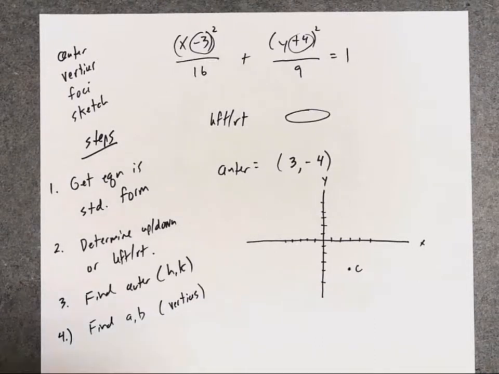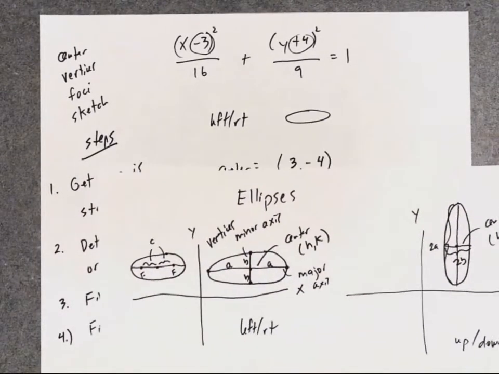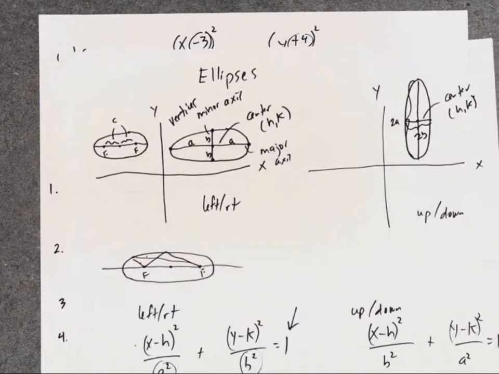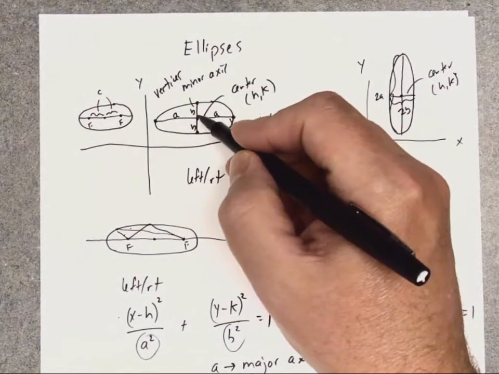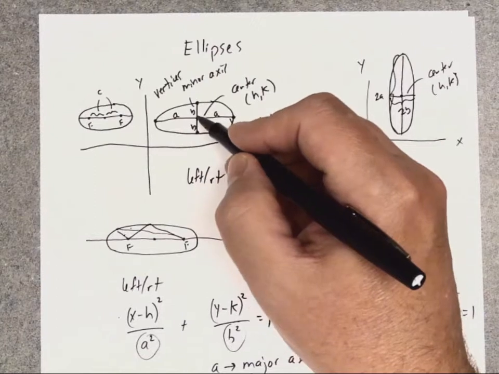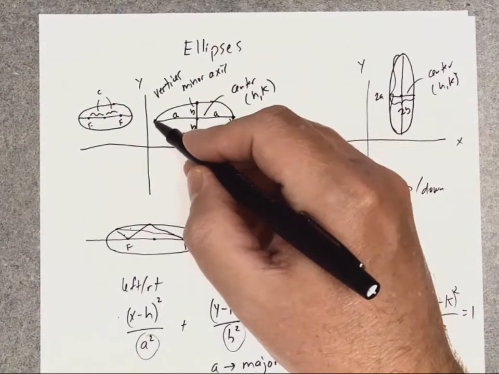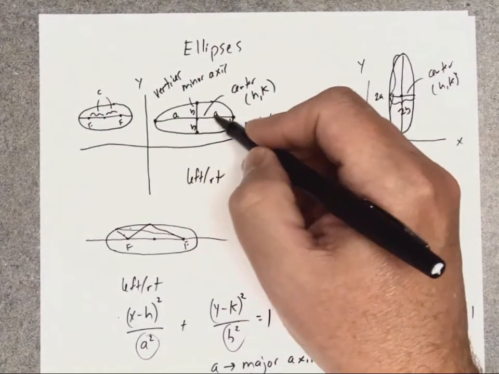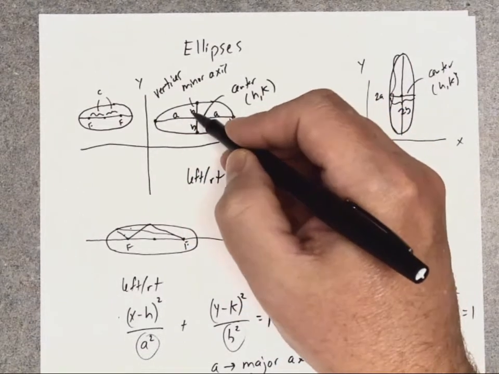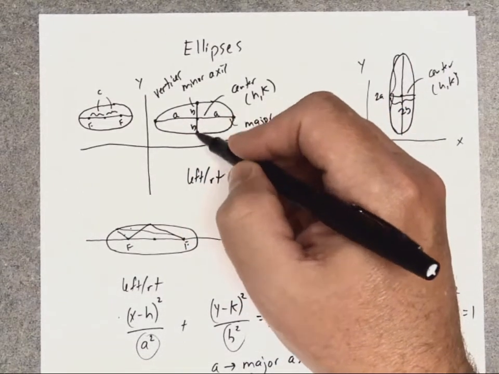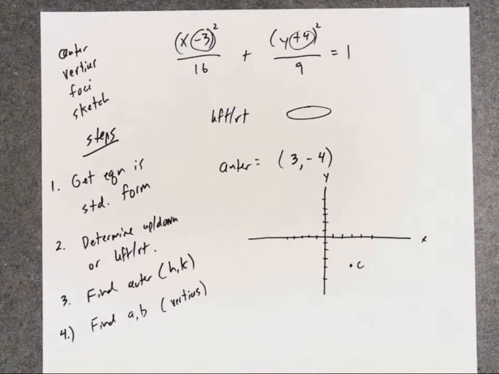Because if we look at my original sketch, I have a left-right ellipse. A is the distance from the center to the edge of the ellipse. So if I can find those, then I know these points are my vertices. If I find B, I know how far to go up and down. Once I find A and B, I can pretty much make the sketch of my ellipse.